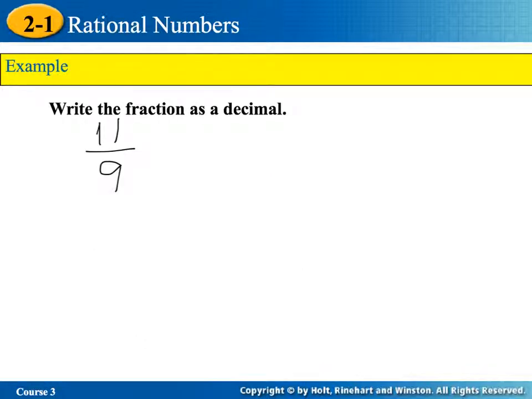Write this fraction as a decimal. Again, remember what you do with a numerator, remember what you do with a denominator. As you do these, I'm going to show you this very first one. Numerator goes underneath, so 11 goes underneath. Denominator goes outside, 9 into 11.